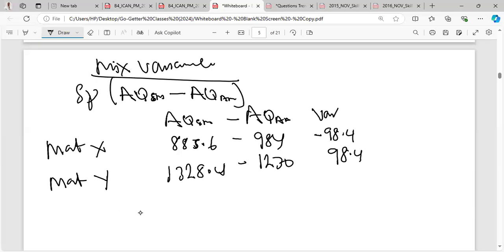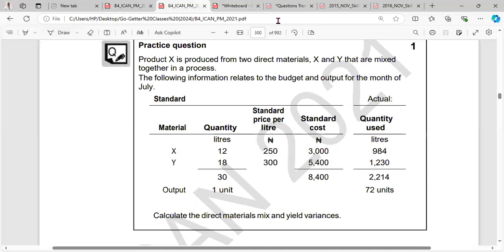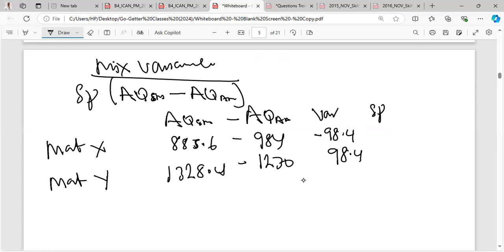Okay, now look at the price. Standard price. What are the standard prices of the actual quantities? The standard prices here are 250 and 300. So here is 250, here is 300.